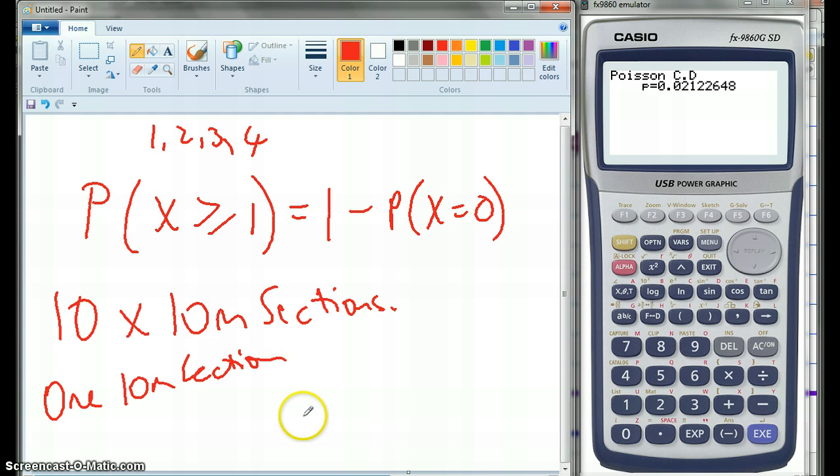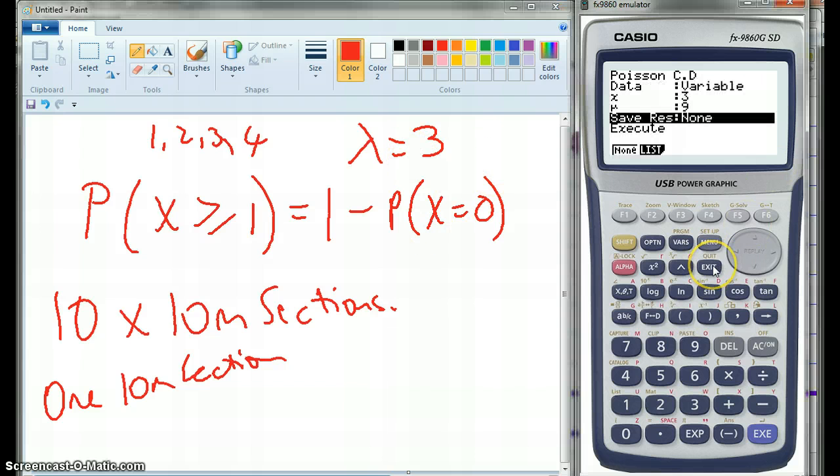Okay, so for one 10 metre section, our lambda was 3 pieces. So we're going to have x being 0. Doesn't actually matter which. If we go PCD or PPD, it'll give us the same answer. And lambda is 3.